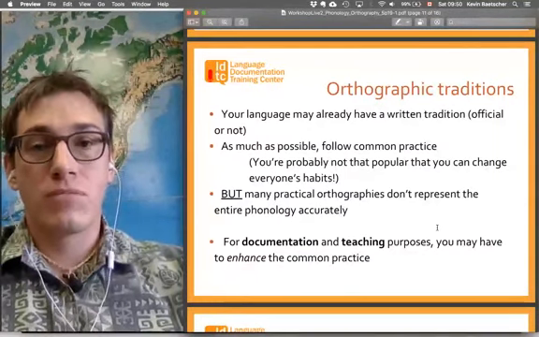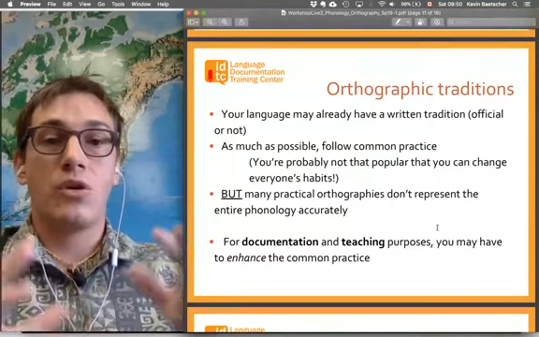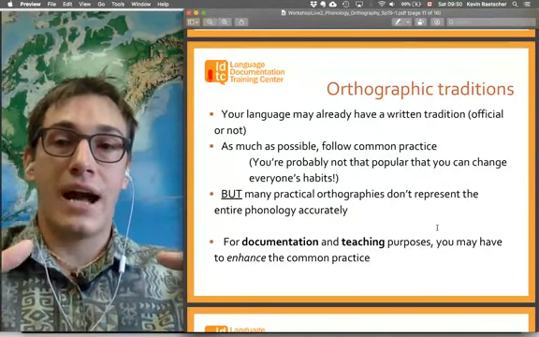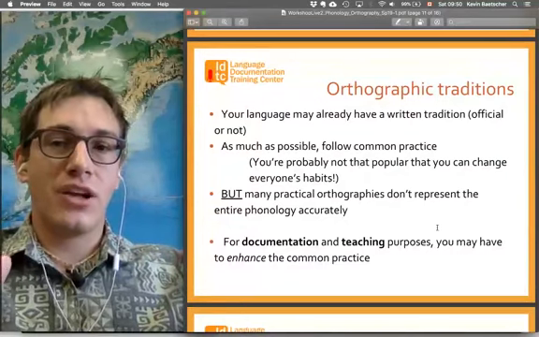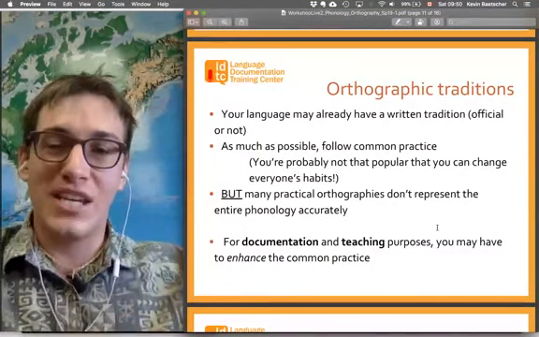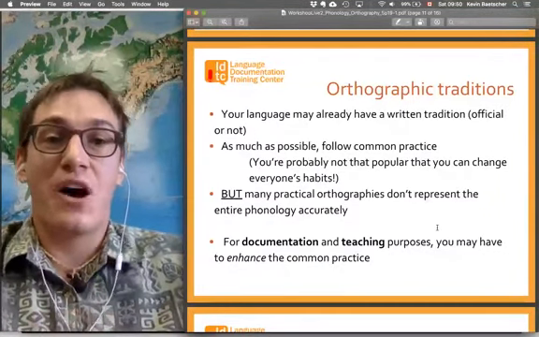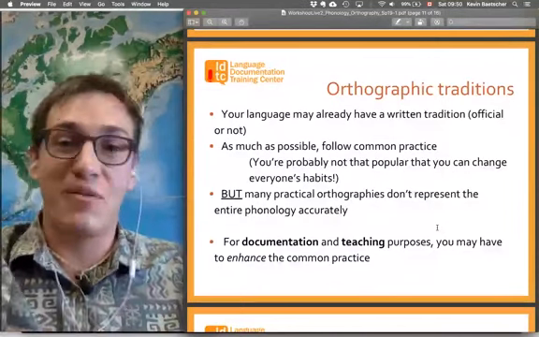So really, for documentation and teaching purposes, you may want to enhance the common practice, not try and completely set up your own system in competition with the other system that people already use, because you're probably not that popular that you can change everyone's habits, right?